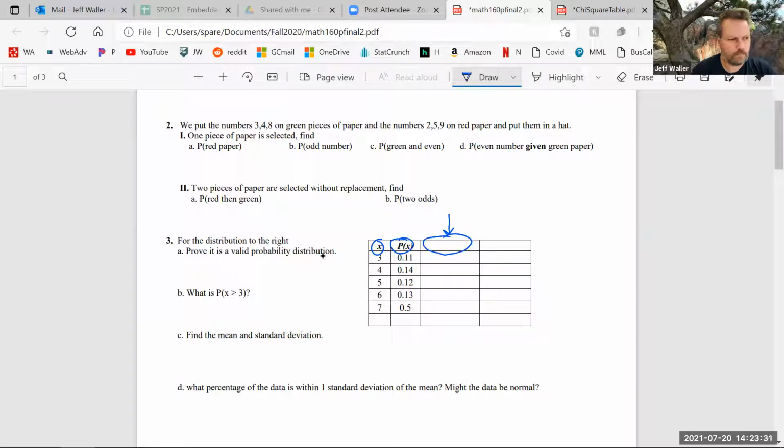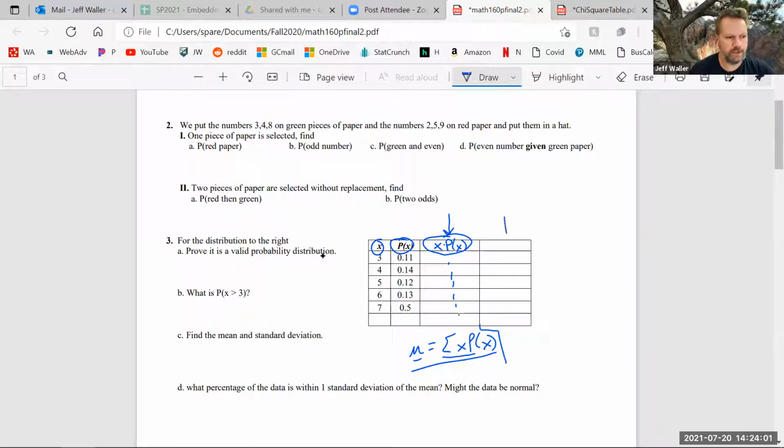X P of X. Yes, because when you add those up, it gives you the mean. Another name for the mean is expected value. And again, this is a formula that will be sitting in your formula box on your final.